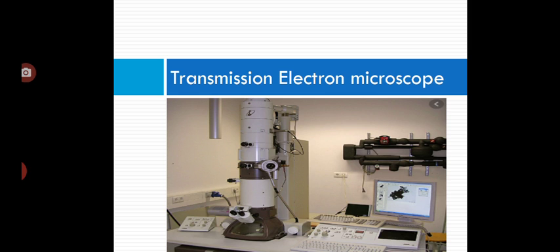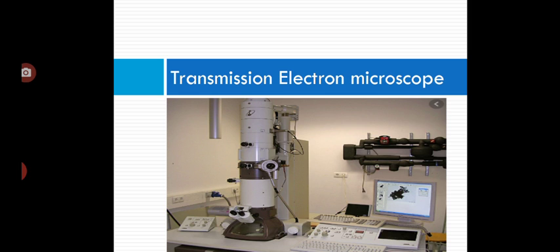The beam then strikes the specimen, and parts of it are transmitted depending upon the thickness and electron transparency of the specimen. This transmitted portion is focused by the objective lens into an image on a phosphor screen or charge-coupled device camera.